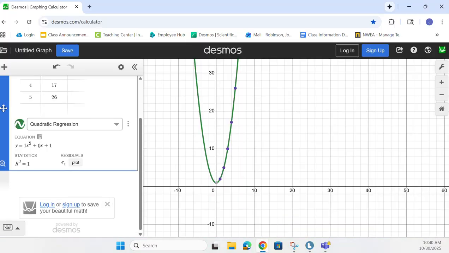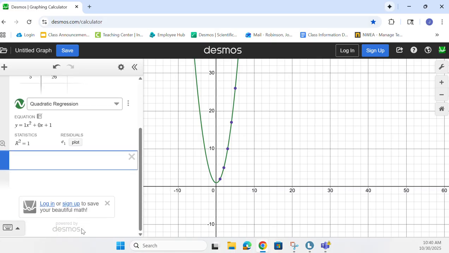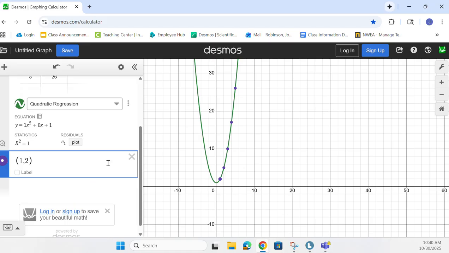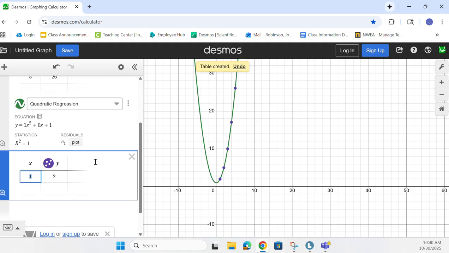Over here on this side, once you put in the values, there's a little symbol to put in your regression. Let's see what we call it. Like I put in the ordered pair, and then I click this table button, and I press table.